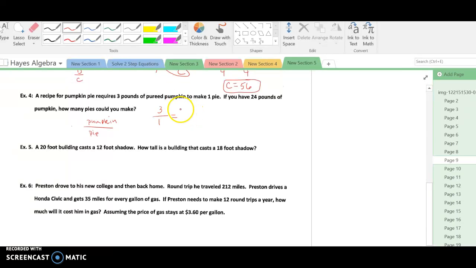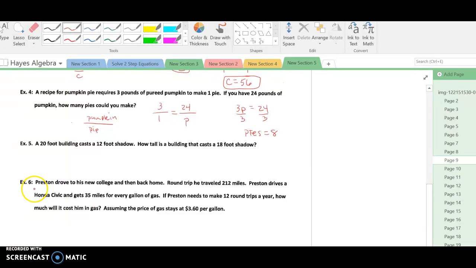I know you could probably do this in your head, but get practice setting up the proportion. So I have 24 pounds of pumpkin. How many pies can I make? Well, when I cross multiply, 3p equals 24. When I divide by 3, the number of pies you can make would equal 8.